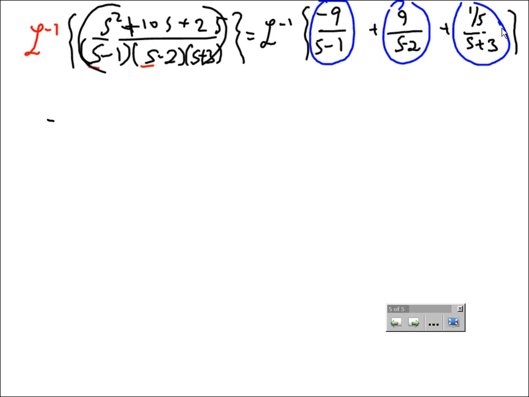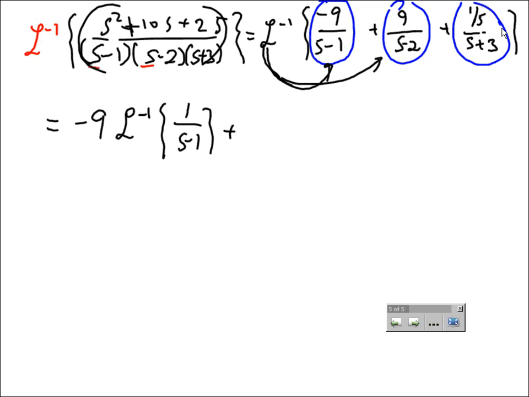Constants can come out in front. So Laplace is the inverse transform of that. And I can bring the 9 in front of the inverse, plus the inverse of that. So it's the inverse of 9 over s minus 2. But I can bring the 9 in front.